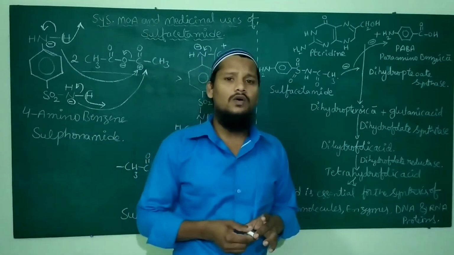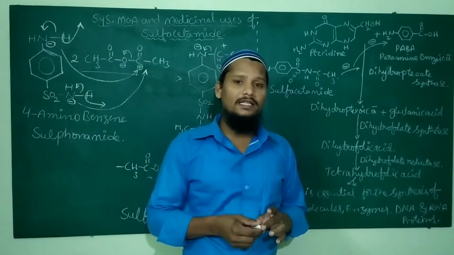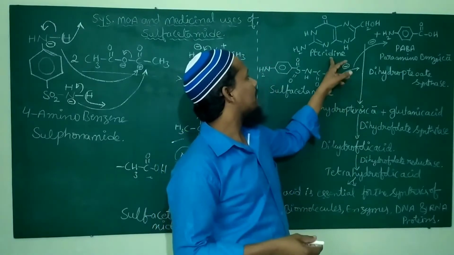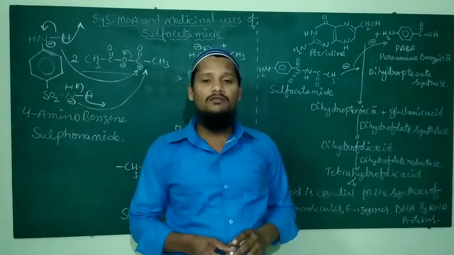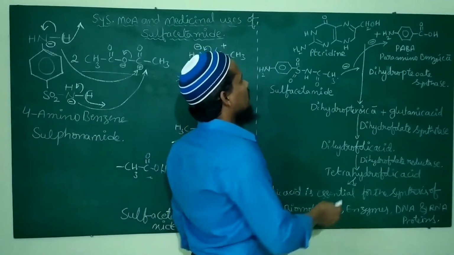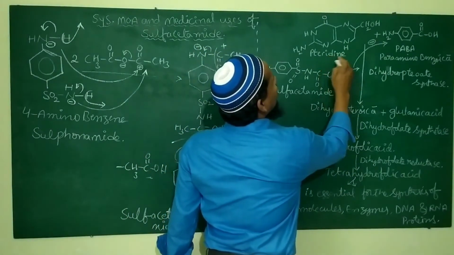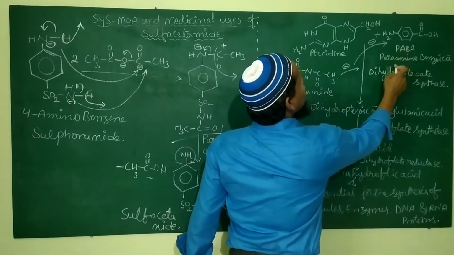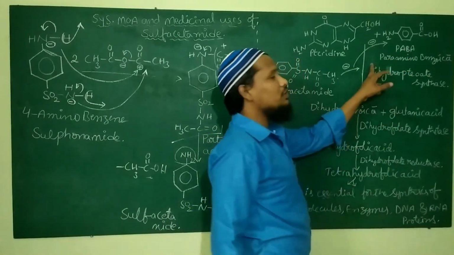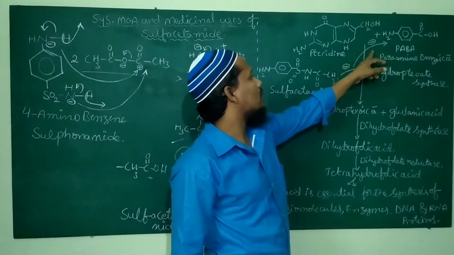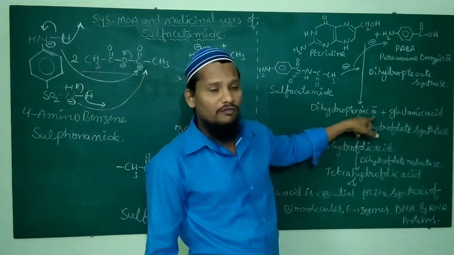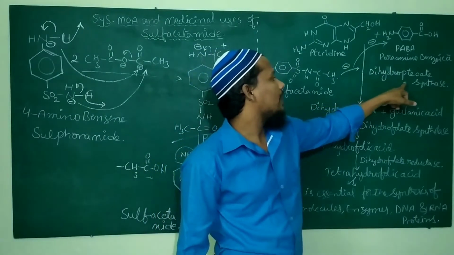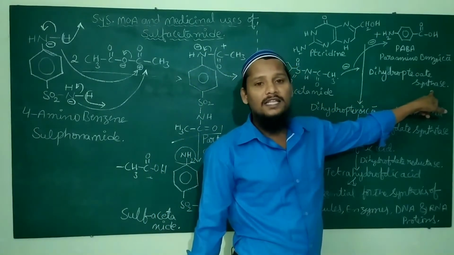For the synthesis of folic acid, pteridine and para-aminobenzoic acid are the starting materials. So this is the pteridine molecule and this one is PABA, which means para-aminobenzoic acid.